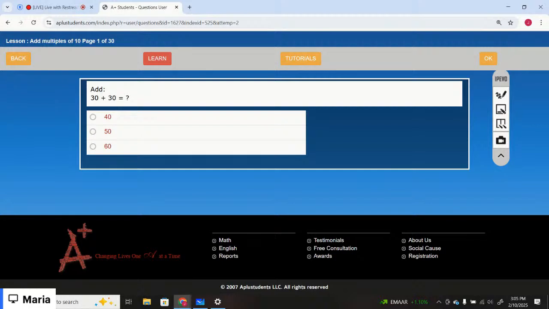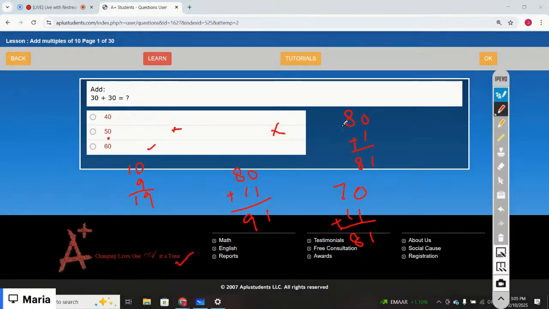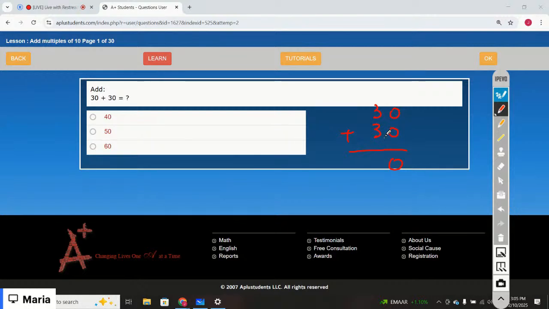Write them down one above the other. 0 plus 0 is 0 and 3 plus 3 makes 6.